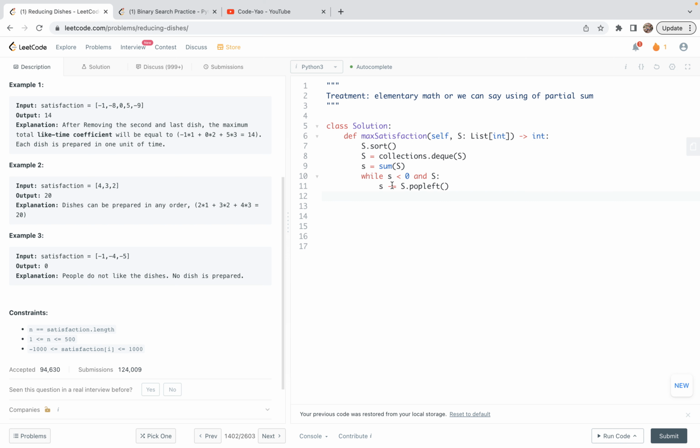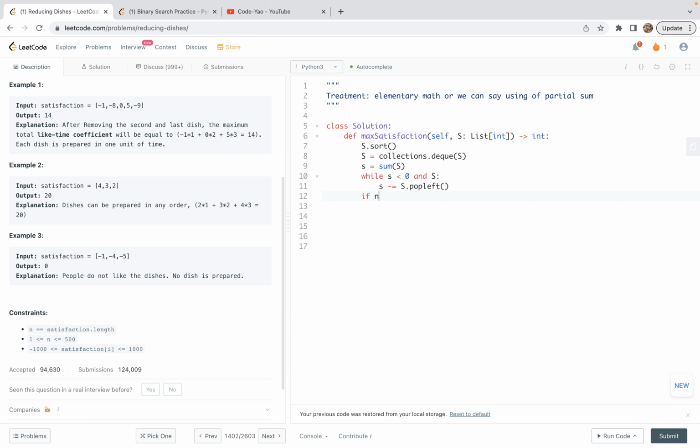It's very simple. If we exit this while loop, there are two possibilities. Either S is already empty, which means all the levels in S are negative. Therefore, the largest possible coefficient is 0. Otherwise, we are going to have s greater than or equal to 0, right?